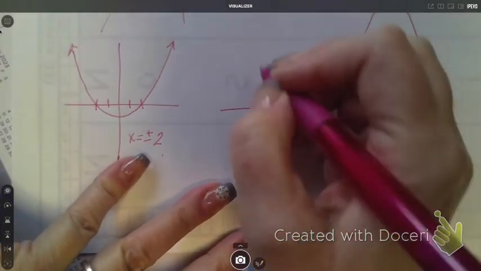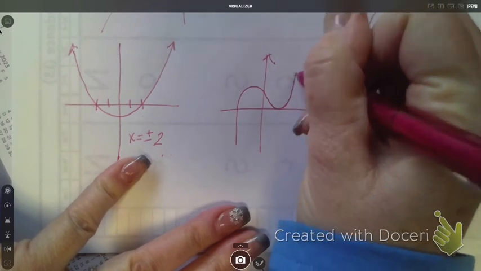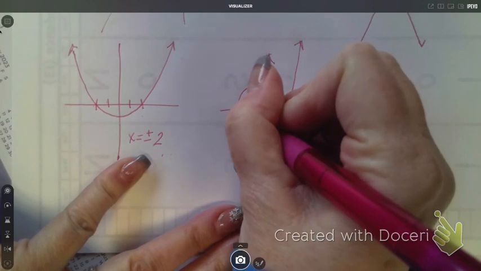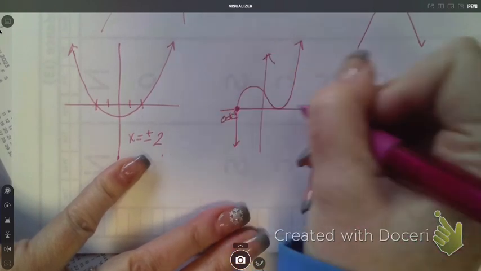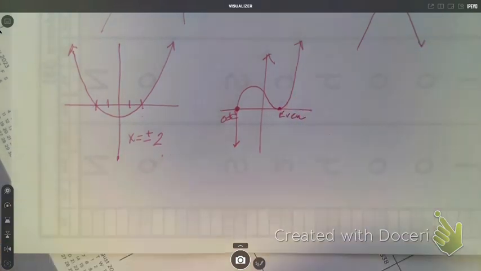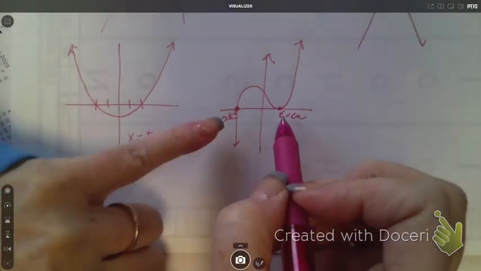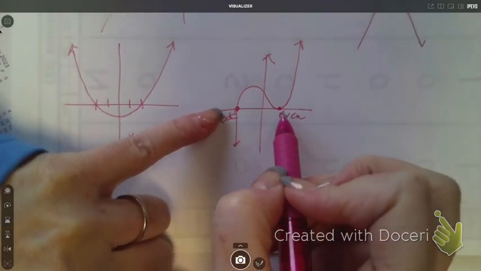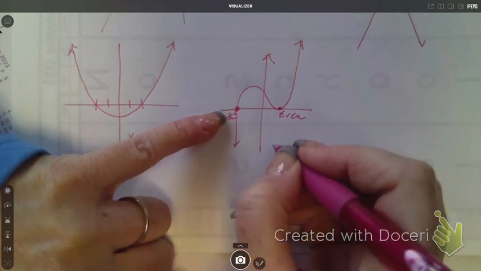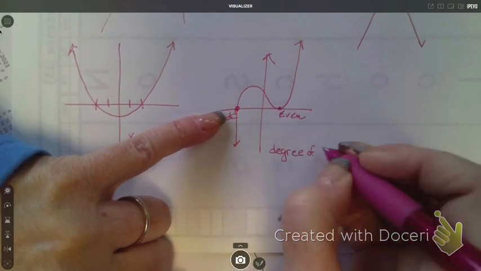Because it goes through. Okay? This one has an odd multiplicity, but that one's even. Why is it even? Because it bounces off. See how that makes sense? So I could say, since this is 2 and this is 1, could it be a degree of 3?